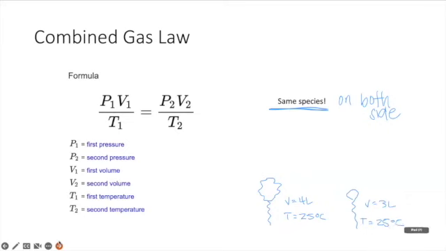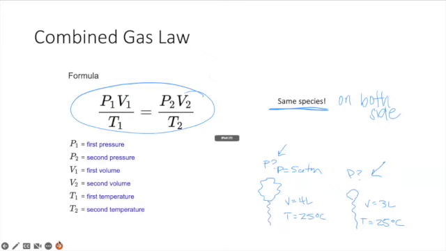They're in the same room. And I want to know how the pressure changes. Maybe I know that the pressure is 5 atmospheres, and I want to know how decreasing the volume will change it. If I want to know the exact numbers, I can plug it into this formula.